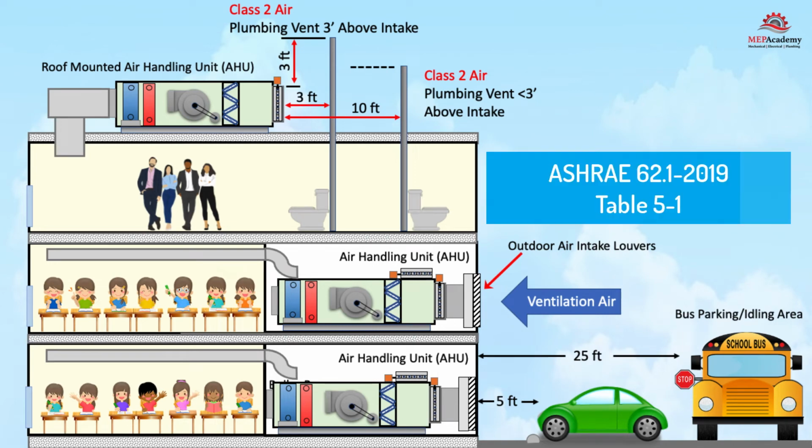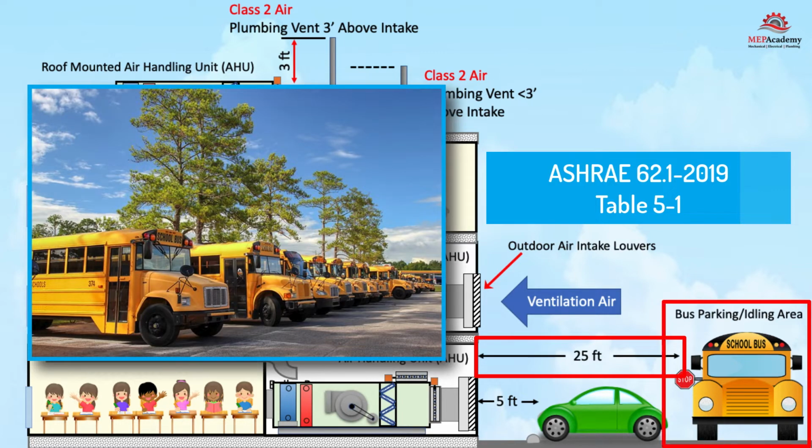According to ASHRAE 62.1, Table 5.1, the following minimum distances need to be maintained from the location of any outdoor air intake. A minimum distance of 25 feet, 7.5 meters, needs to be maintained between an outdoor air intake and locations where buses park or idle.